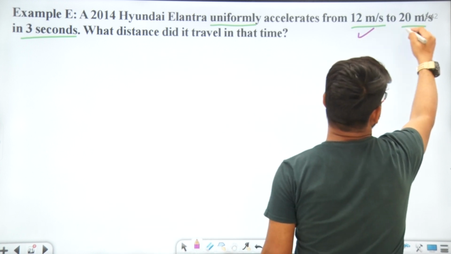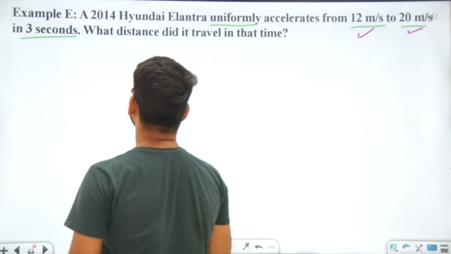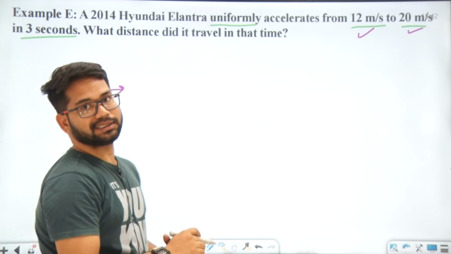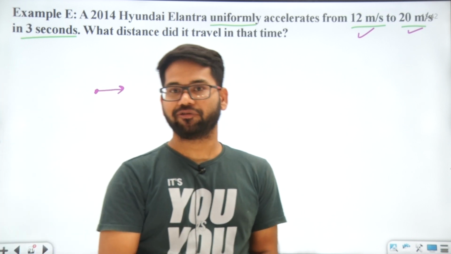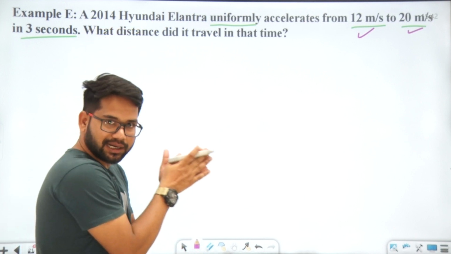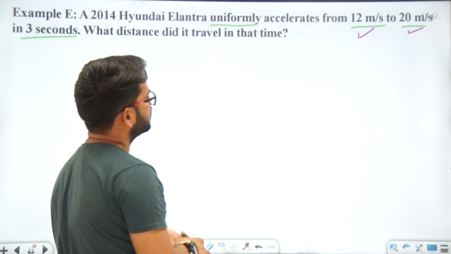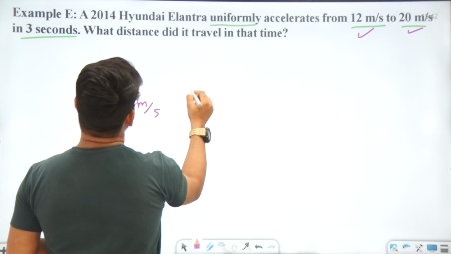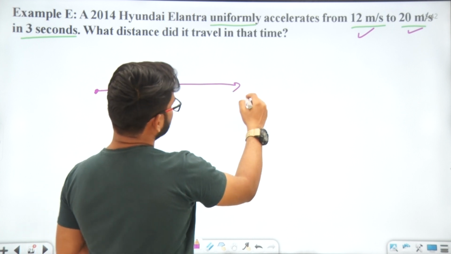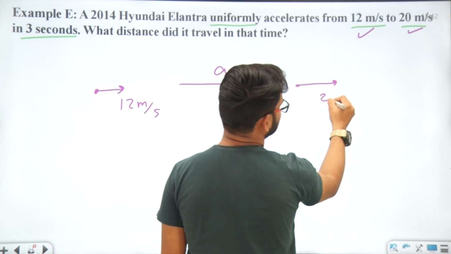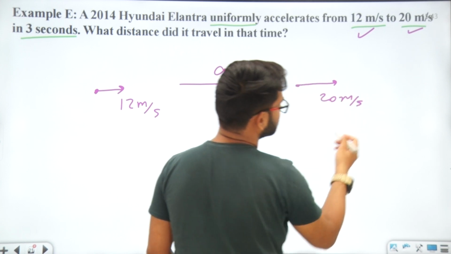If you are looking for distance, here distance and displacement will be the same, right? No change in direction and moving on a straight path. Initial velocity is 12 meters per second, uniformly accelerating with some acceleration, and final velocity is 20 meters per second.